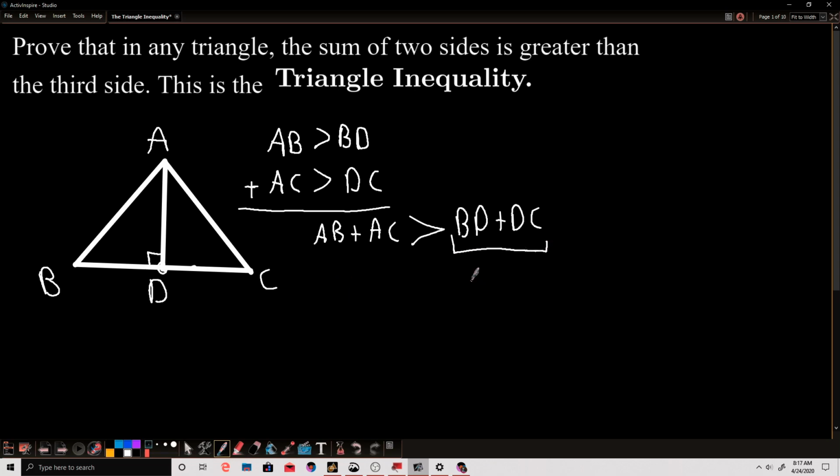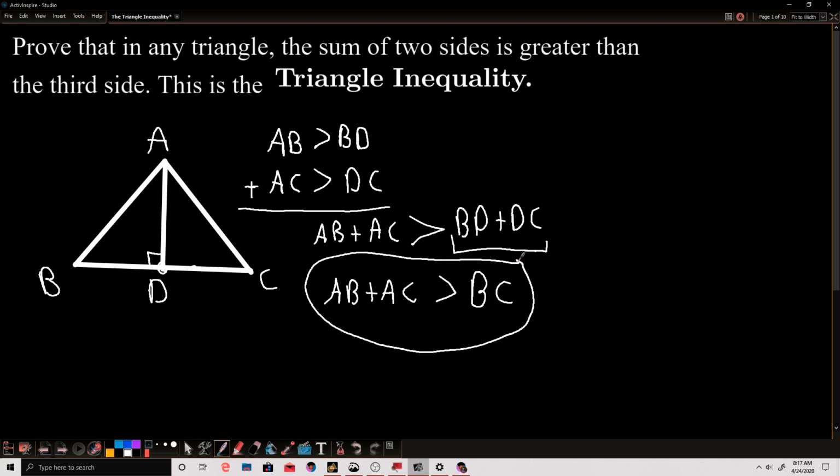That simplifies to just BC. So BC is less than AB plus AC. So that is the basic gist for an acute triangle. We have proven that the sum of the sides AB and AC is greater than the third side BC.